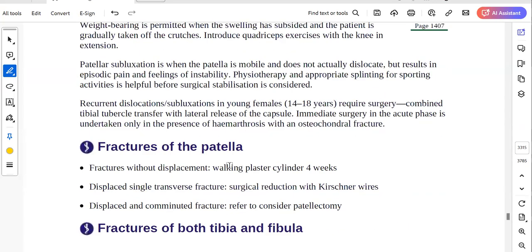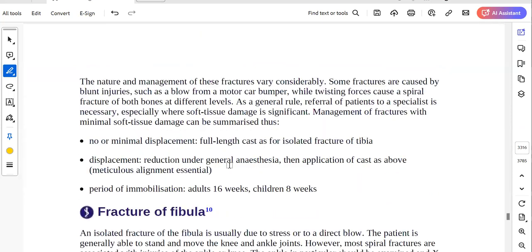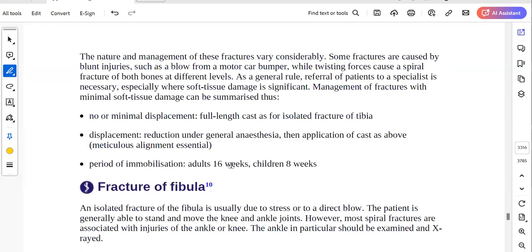Patellar dislocation doesn't come in the exam. Fracture of tibia and fibula. Very easy, just like radius and ulna fracture, if there is minimal displacement, you just put the patient in a full leg cast. If it is displaced, then you have to do the reduction followed by cast.